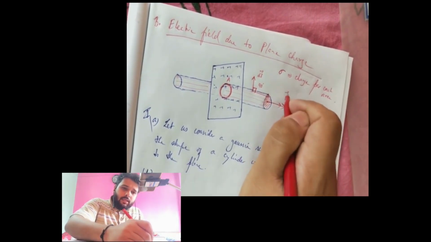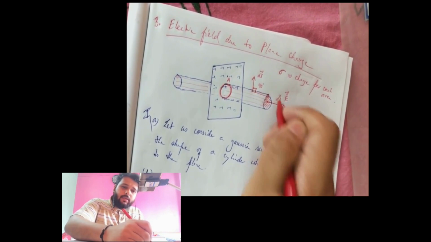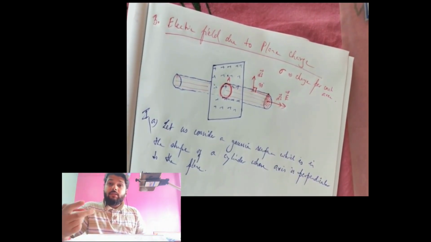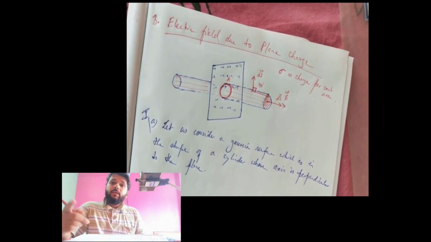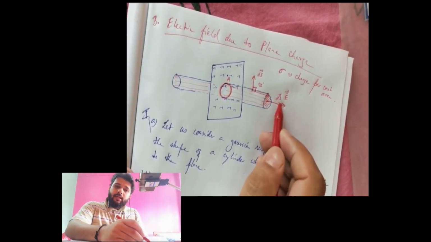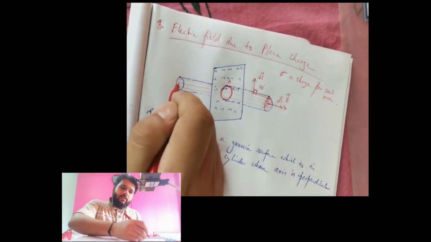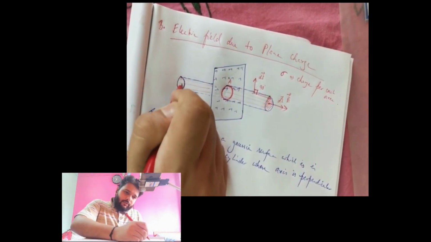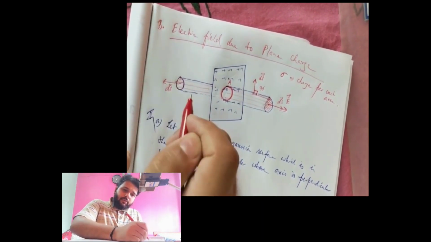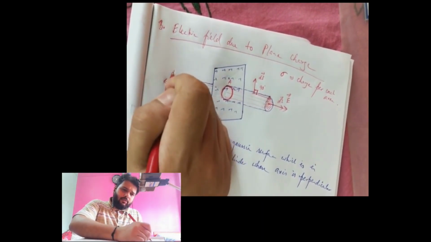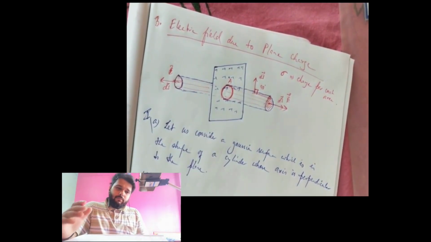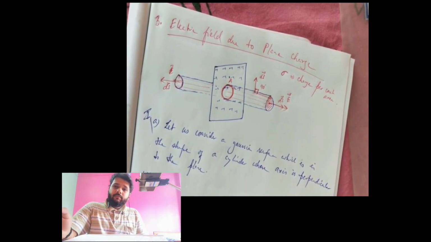So the electric field and area vector are both along the same direction, which means the angle between them is 0 degrees. So for the right surface, the angle between area vector and electric field is 0 degrees, and similarly on the left surface the area vector is perpendicular to the surface and the electric field is also moving in the same direction. So again the electric field and area vector are along the same line.